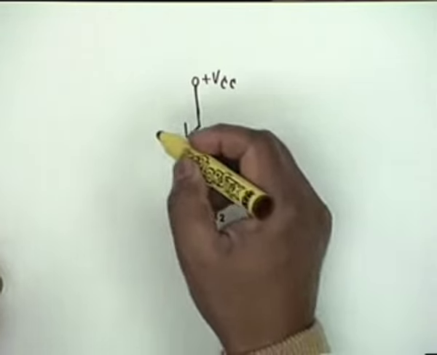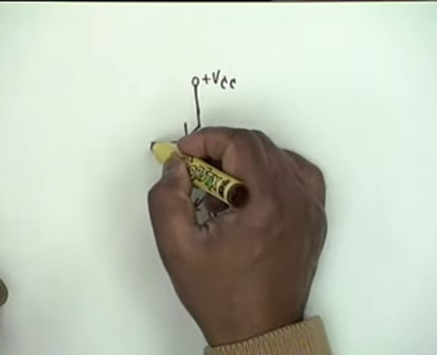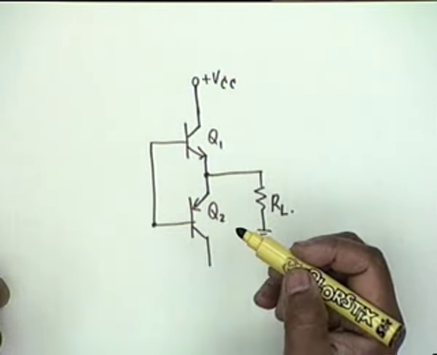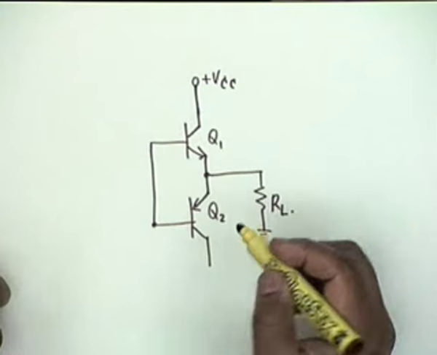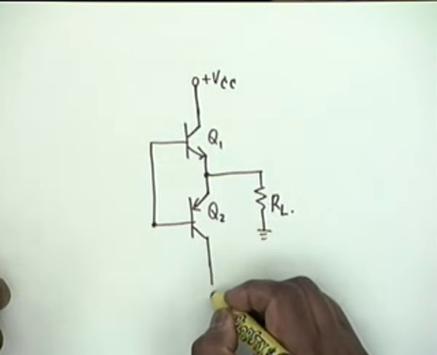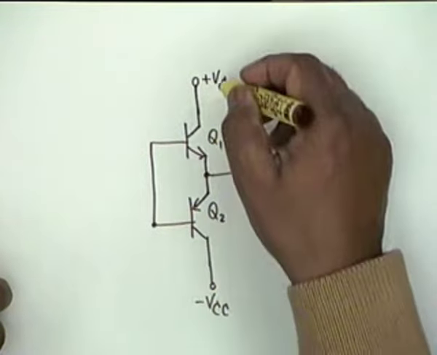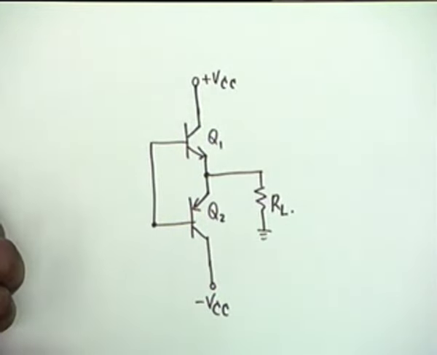This is R_L, and the two bases are connected. The input signal is also applied directly. Well, this goes to minus V_CC. The two voltages have to be identical now. We don't have a choice.